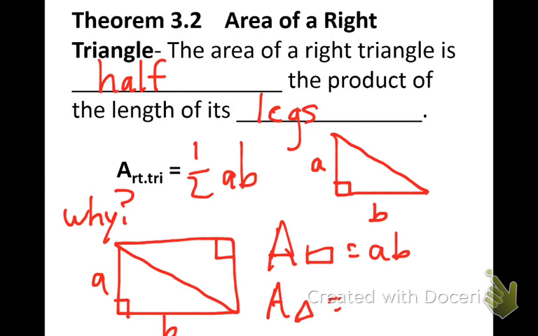The area of the triangle is 1/2 of the area of the rectangle, 1/2 of AB. So that's why we use 1/2 AB for the area of a right triangle.